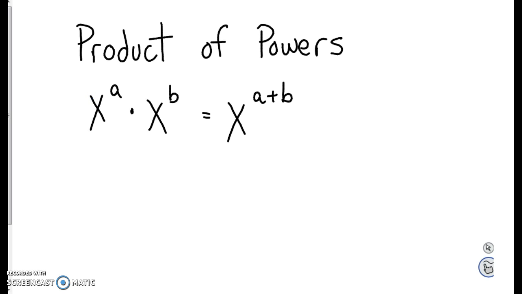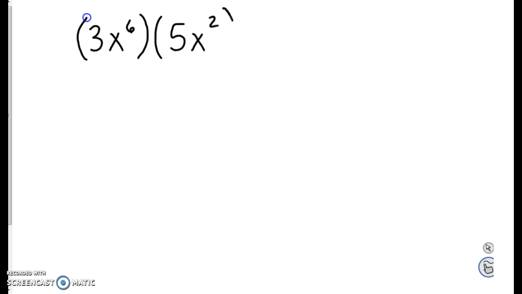Now let's look at an example where we're multiplying two terms together that have coefficients. If I have 3x to the power of 6, and I multiply that by 5x to the power of 2, the first thing we want to do is group together our coefficients and our common variables.